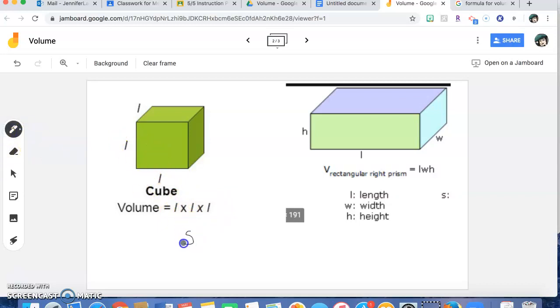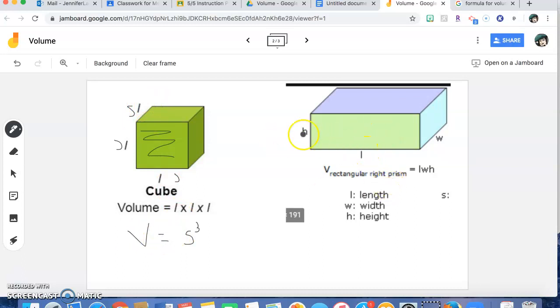You might also see it sometimes as s cubed, where s is the side length. If I said that was the side, that was the side, and this was a side, I'm multiplying it by itself 3 times. Because if I found the area of one square, I would do the length times the length, and then times the length again. So I could write down that formula if I want for a cube.